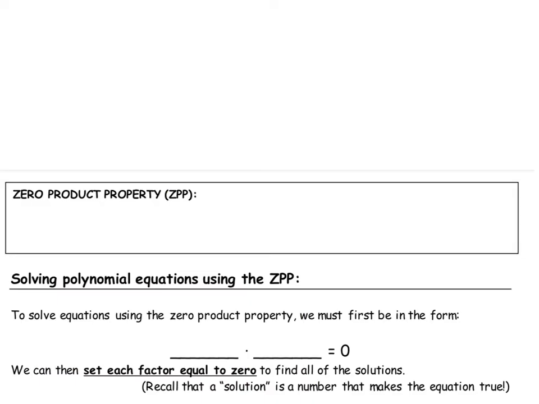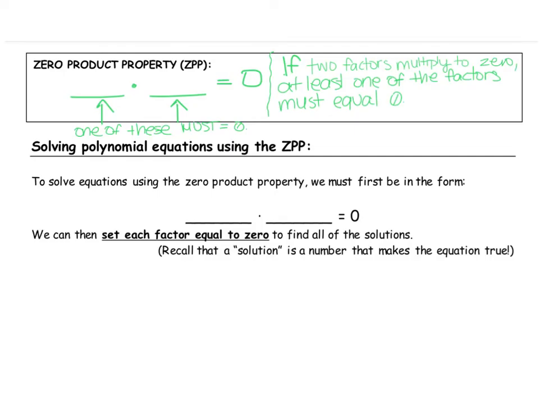So the zero product property says the following. If two numbers multiply together to equal 0, then at least one of the numbers must equal 0. So if two factors multiply to 0, at least one of those factors equals 0. So how are we going to use this property to solve equations?